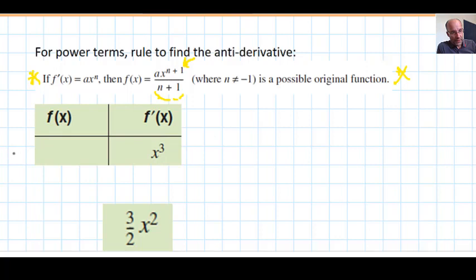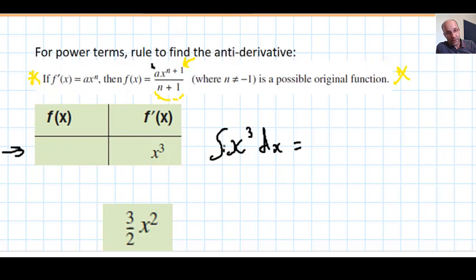One of the questions from the quiz was this one here. Let's see if we can do that with our new rule. So we have to find f of x. If the derivative is x cubed, what would be f of x? So in other words, we have to find the antiderivative. So the general antiderivative of x cubed with regards to x equals, so we need to, what's a?